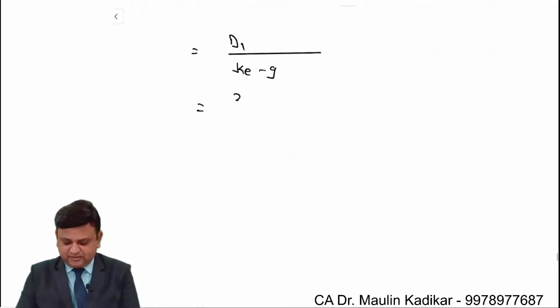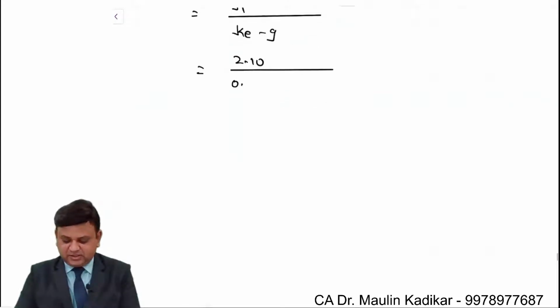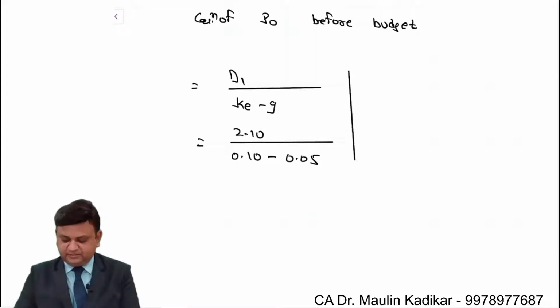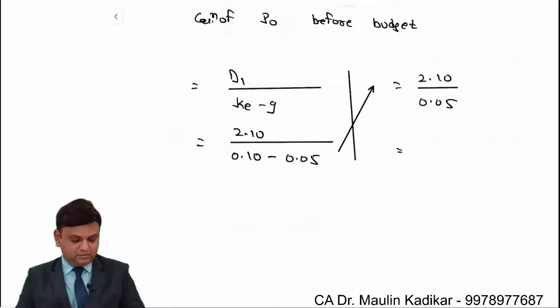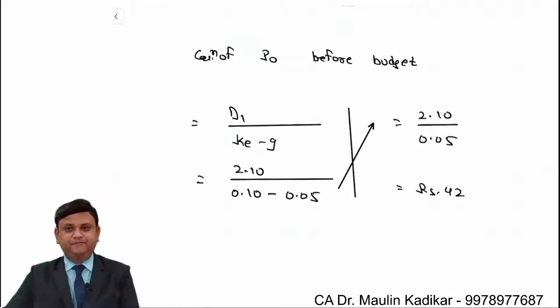It is 2 rupees 10 paise, divided by cost of equity, which is provided to us in the example as 0.10, less growth rate of 0.05. This is the way we make the calculation. So 2 rupees 10 paise divided by 0.05, that comes to rupees 42. Please write down the answer.